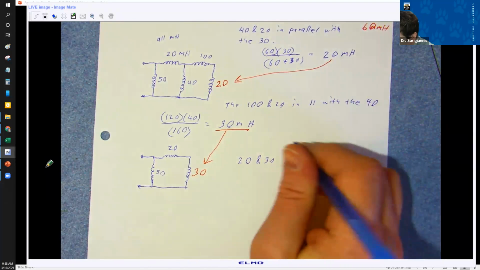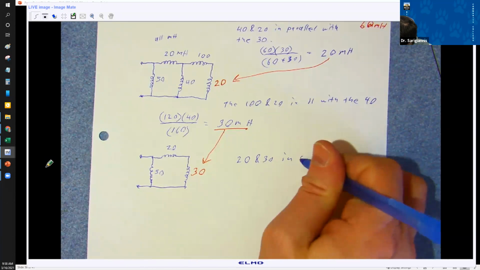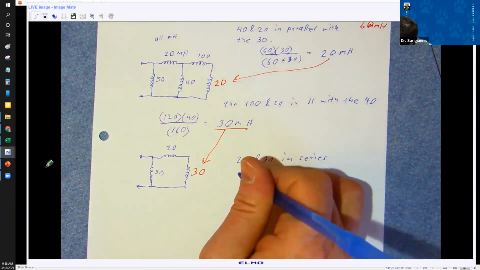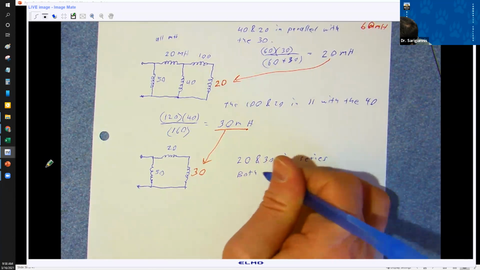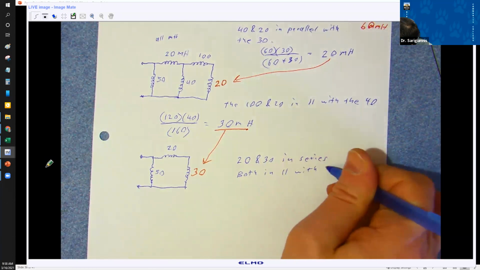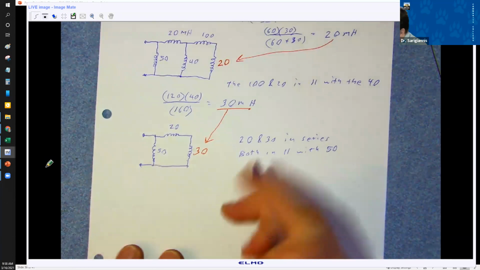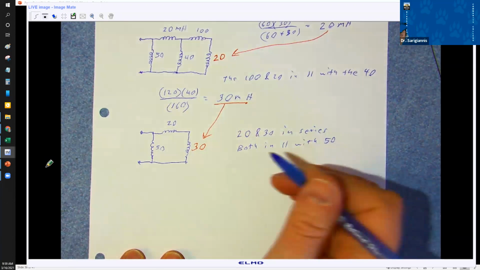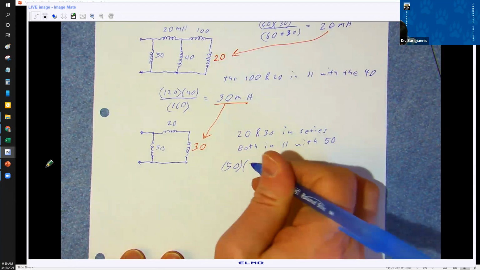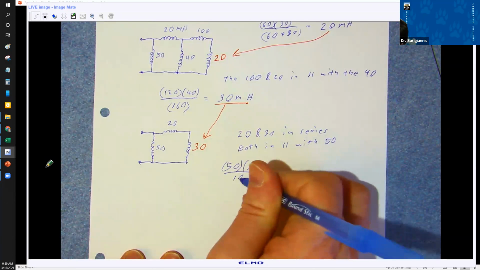They're in series, I'll write that. In series, both in parallel with 50. Right, so here we've got 50 and 50, so we've got 50 times 50 over 100.